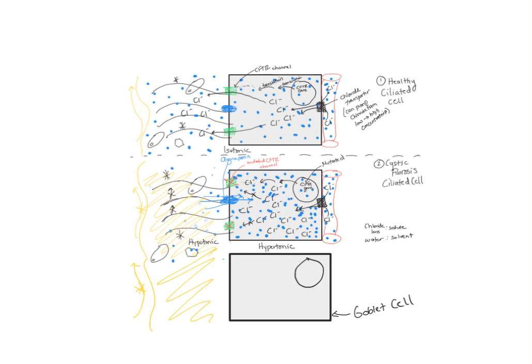Remember the other type of cell that's in the airway is the goblet cell. And the goblet cell, I mentioned, produces the major substance of mucus, which is mucin, right? So mucin, which is being produced by these cells, is functioning perfectly fine. And it's going to continue to be produced and released into the mucus.